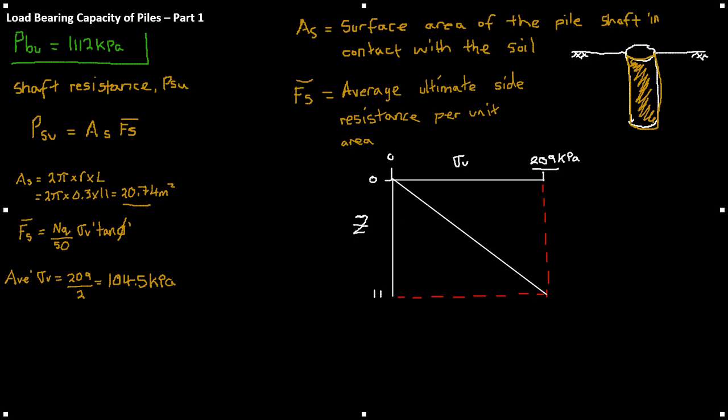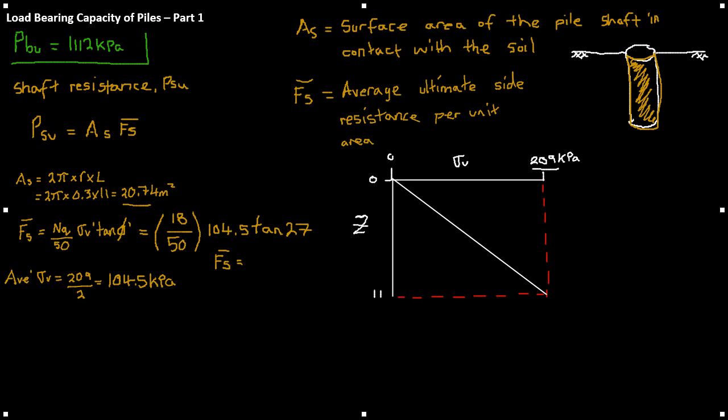So let's go back to fs. We got our Nq value earlier as 18, so we can do fs is equal to 18 divided by 50 times 209 over 2, which is our average vertical effective stress, times tan of 27.